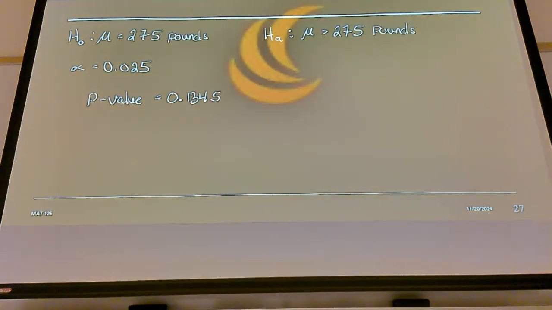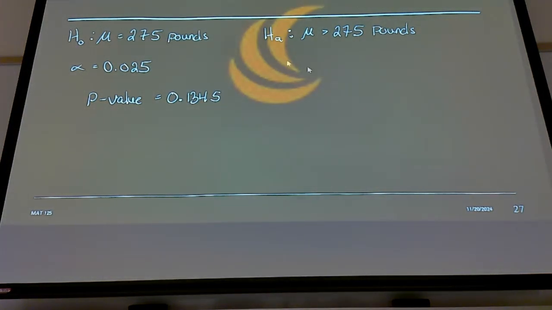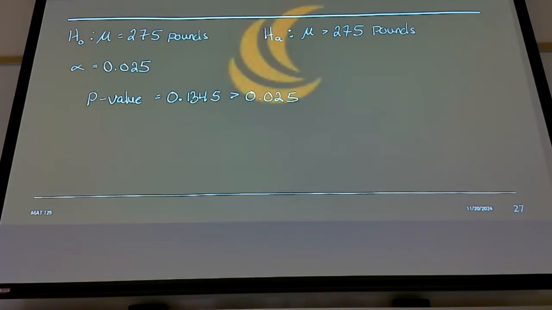So the p-value is 0.1345. How does that compare to alpha? So what is the conclusion? Do we reject the null or not?